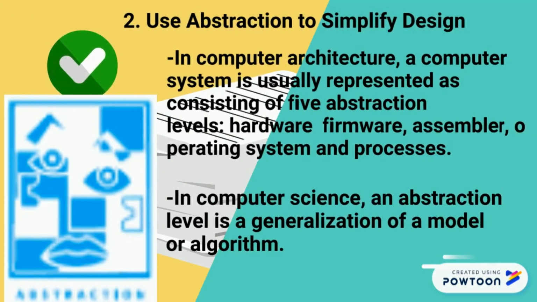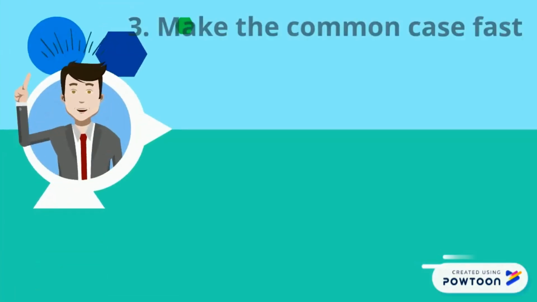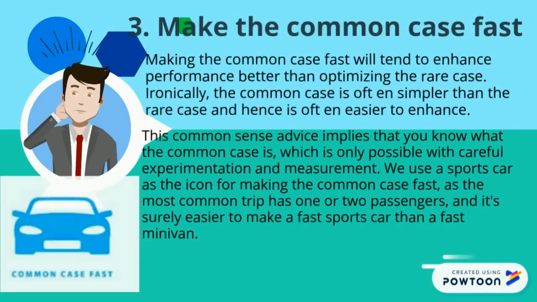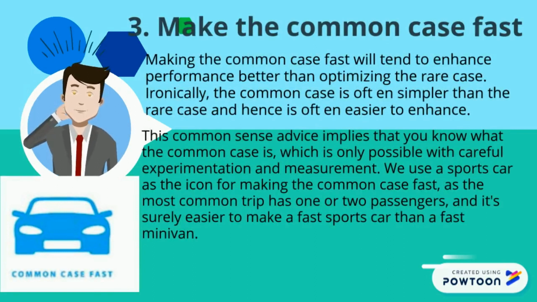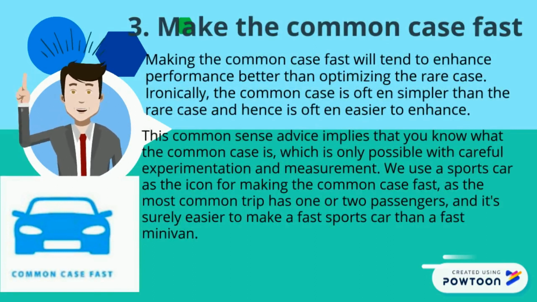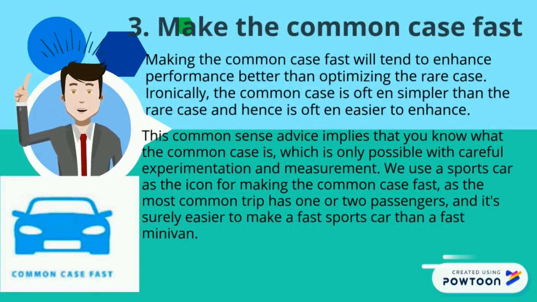Number 3. Make the common case fast. Making the common case fast will tend to enhance performance better than optimizing the rare case. Ironically, the common case is often simpler than the rare case and hence is often easier to enhance.